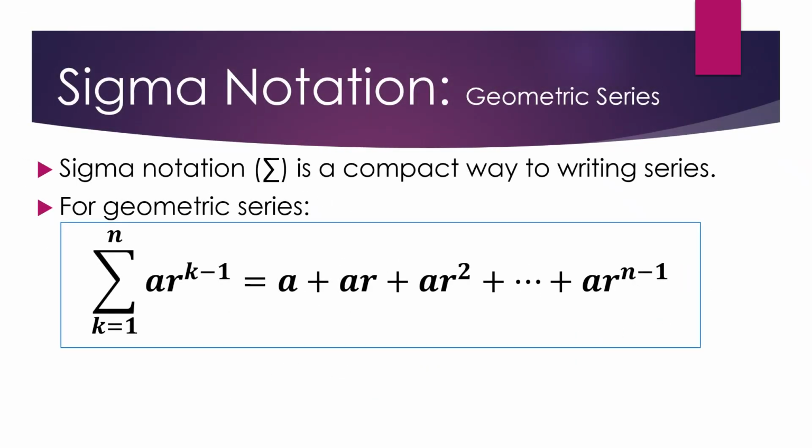How about in sigma notation? Same with the arithmetic series, we can write the sum of the following series in sigma notation. Again, sigma notation is a compact way of writing a series. So here in geometric series, as I told you last time, the nth term formula is changeable.